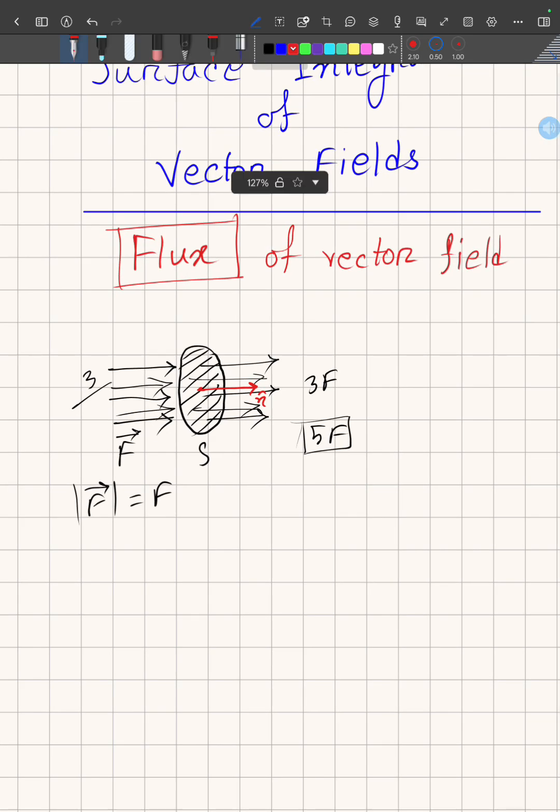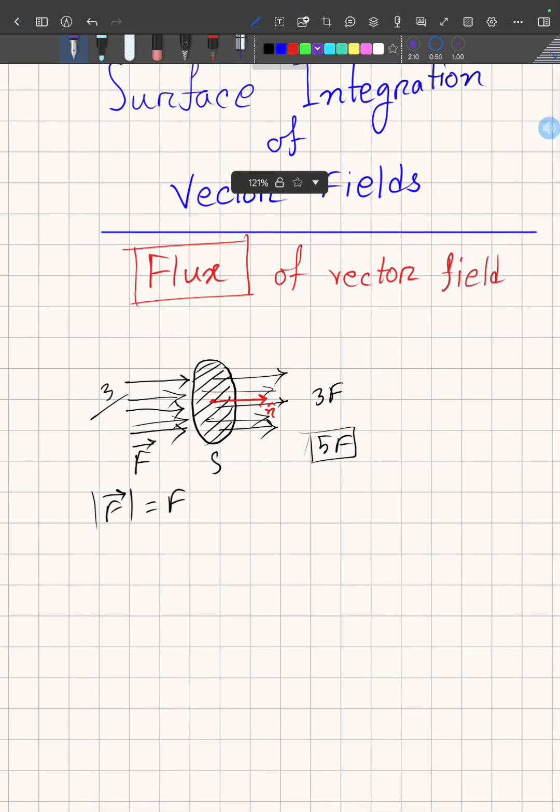In another example, let's say we have our surface, but this time the vector fields are going in this direction. As we have seen earlier, the normal is always perpendicular, a 90-degree angle with the surface.